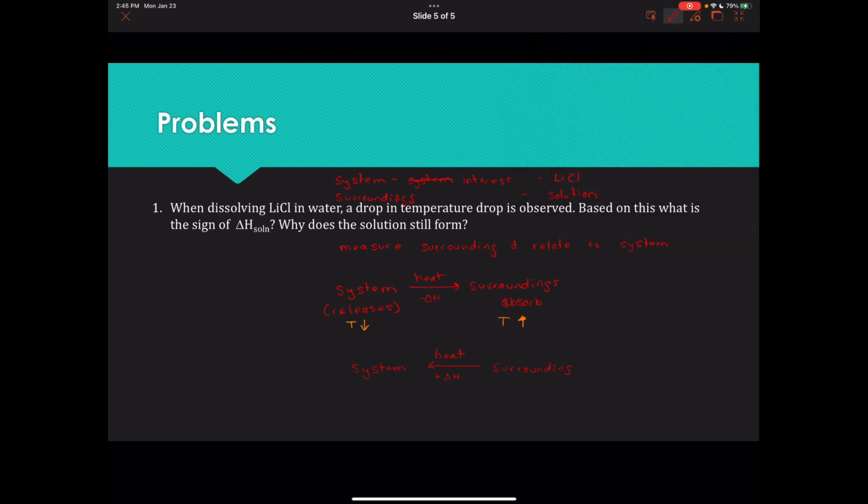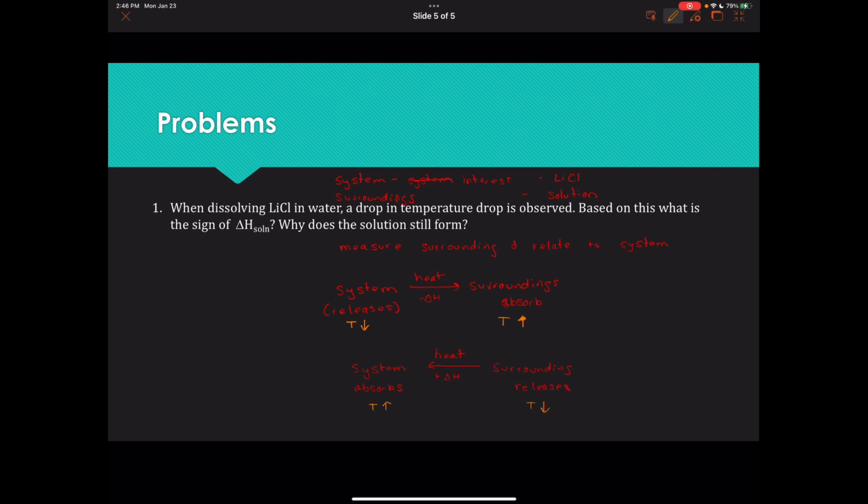That means that my system absorbs the heat and the surroundings are releasing the heat. So in terms of my temperature, if my system's absorbing heat, it's going to get hotter. Its temperature is going to rise. And if my surroundings are releasing it, that temperature goes down.